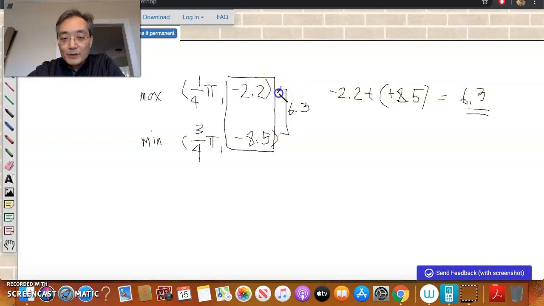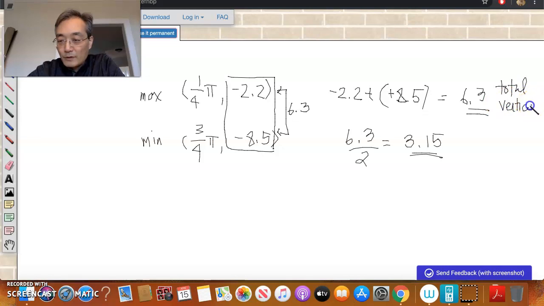Well, if that's the total distance between those two y coordinates, what's half of that? Half of 6.3 would be 3.15. That is half the total vertical distance, because you just take half of 6.3.